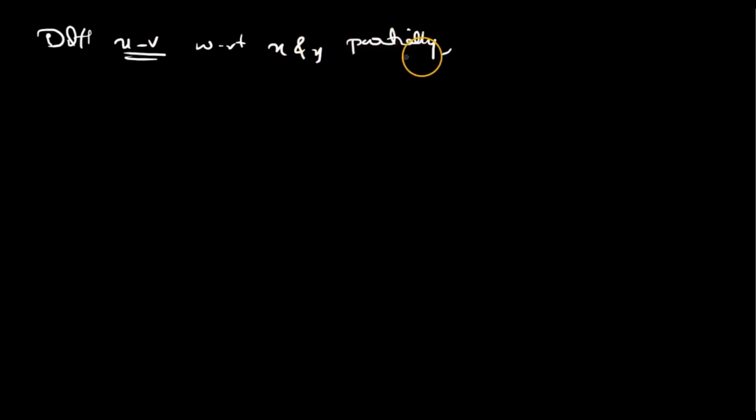So let's differentiate u minus v with respect to x and y partially. We are now differentiating u minus v with respect to x first, that means we are finding ux minus vx.